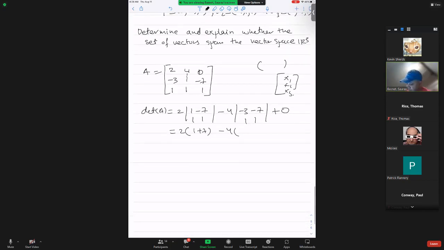Let me do this. Maybe because I skipped the process, maybe that's why you guys are confused. Oh, I see. What did you find? 4 minus 3, 3. Oh, I skipped the process. That's why I'm trying to see how I can explain it. I don't want to write everything, so that's why I skipped the process.